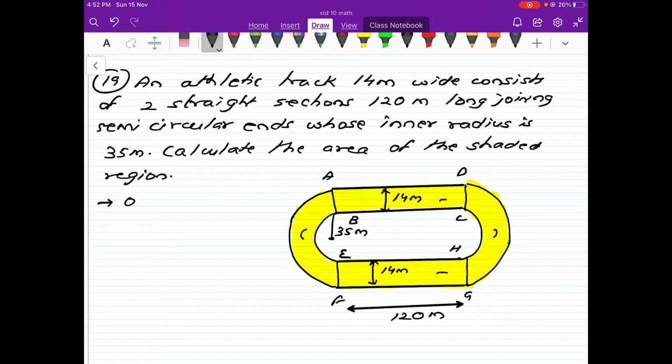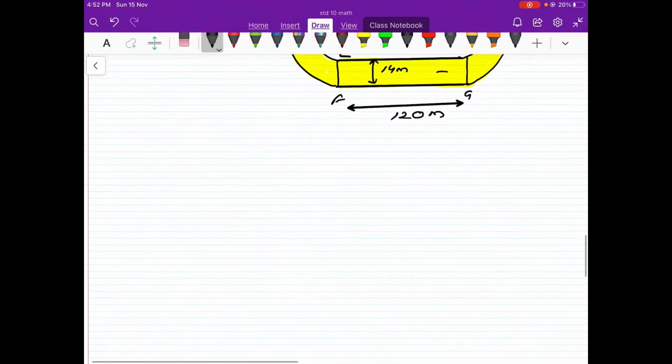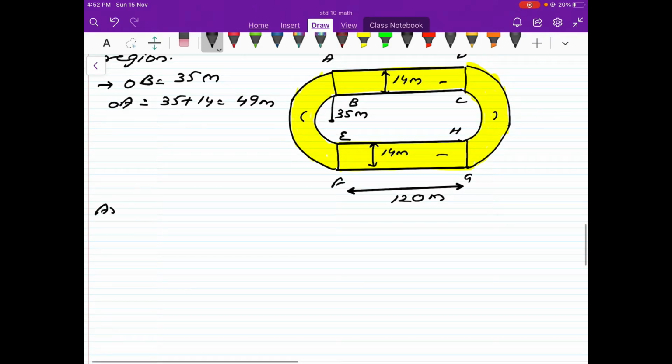So here we will see OB is given to us as 35 meters. So OA will be 35 plus 14, because 14 meters is the width. So the outer radius comes to be 49 meters. Now the area of the shaded region is equal to area of rectangle.